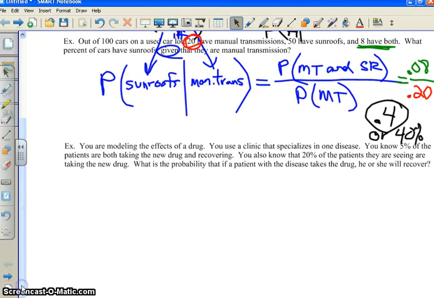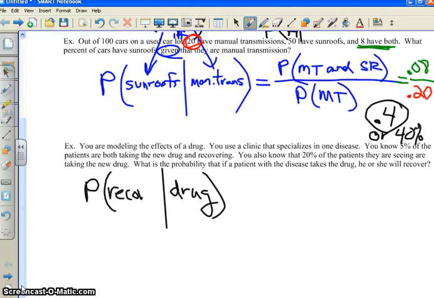Now let's come down here to the bottom. The drug situation. So it says in the last sentence, what is the probability that if a patient with the disease takes the drug, he or she will recover? So that "if" is right here. If the patient with the disease takes the drug, what's the probability that he or she will recover?